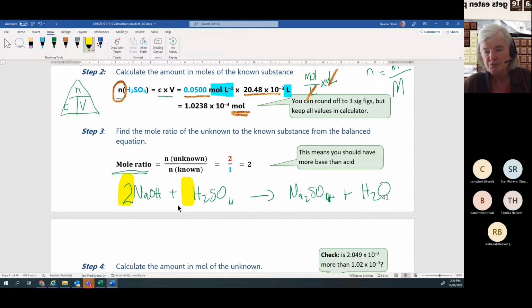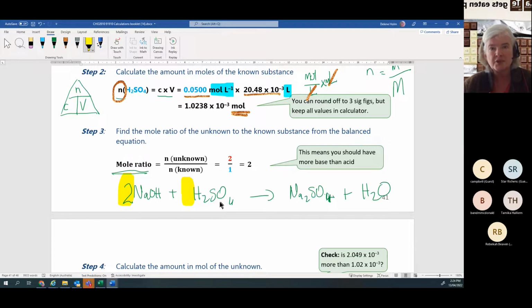For those that have come to previous lessons, I always say chemists are lazy and they try and do as little as possible. So if there's no number, it always means it's a 1. Okay, so we don't write a 1, we just assume. So if there's no number, it's a 1.